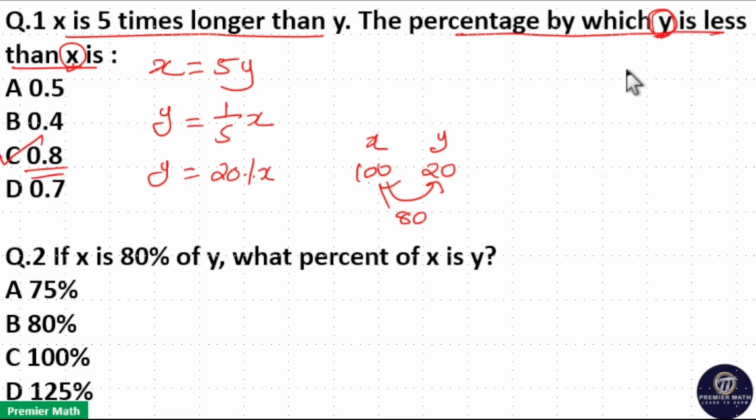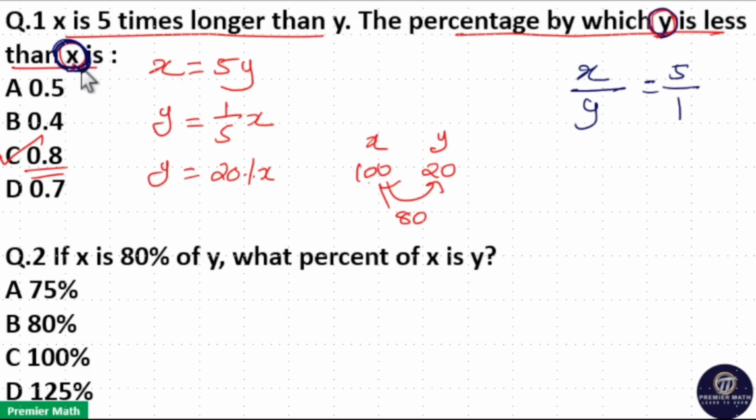Now, if you want to do it in fraction, take x by y ratio. X by y ratio is equal to 5 by 1. Now, y is how much percentage less than x means we are comparing the value of y to x. So take x as denominator.